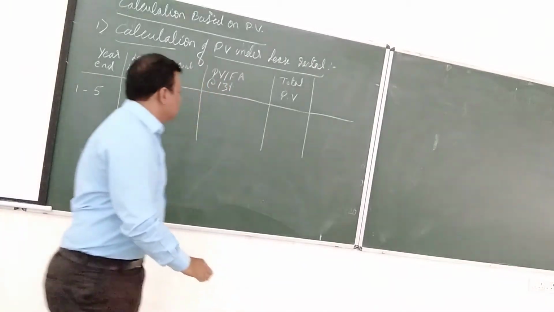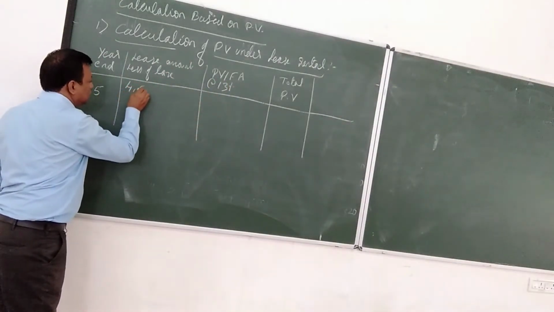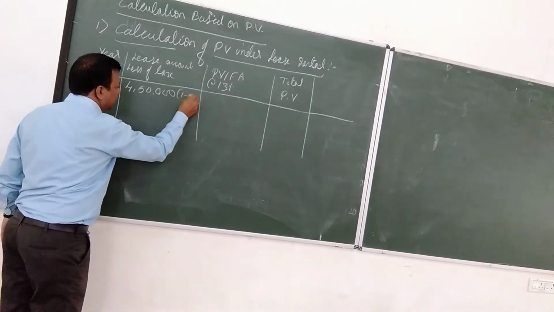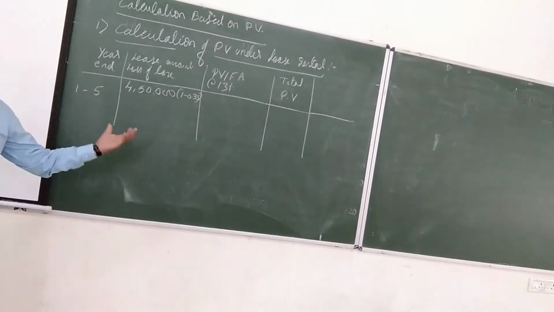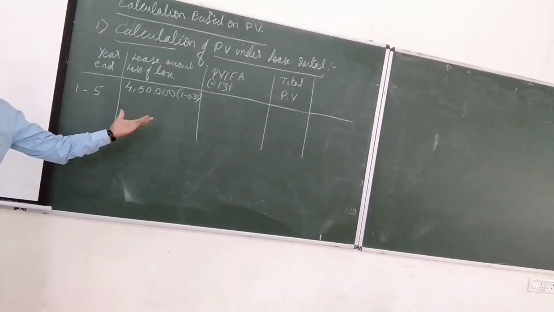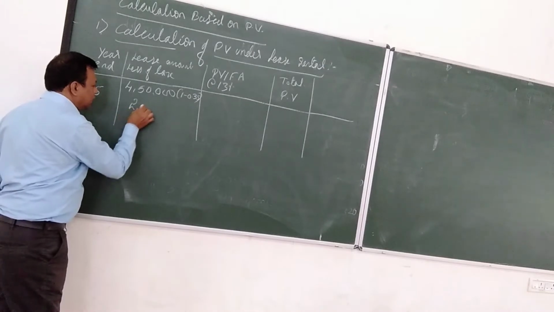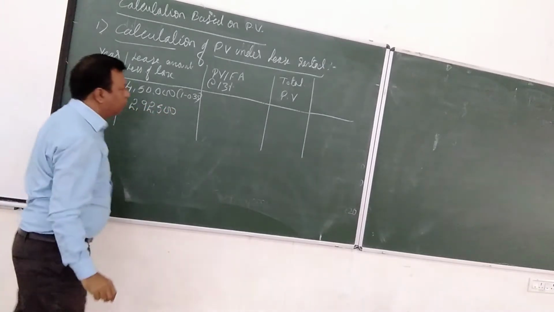Lease rental remains the same for 1 to 5 years. What is the lease amount? 4 lakh 50,000 into 1 minus the tax rate. What is the tax rate? 35%. So how much does it come to? 4,50,000 into 0.65, which is 2,92,500.